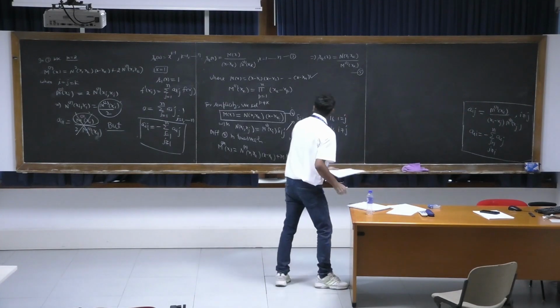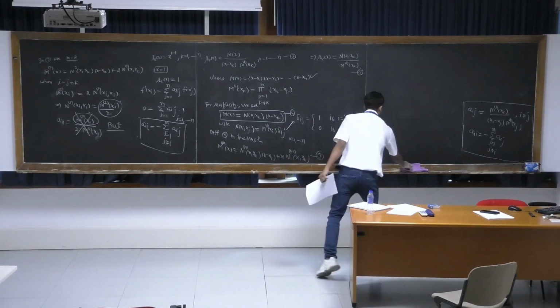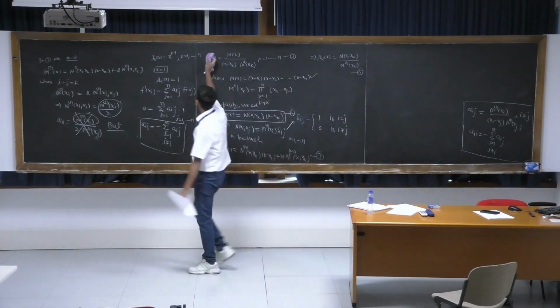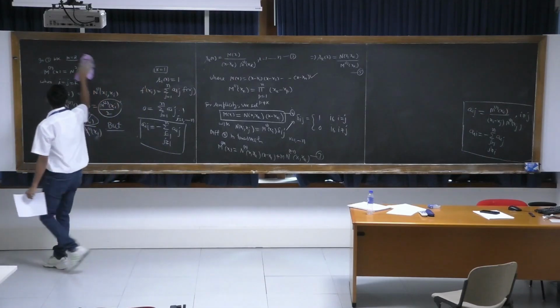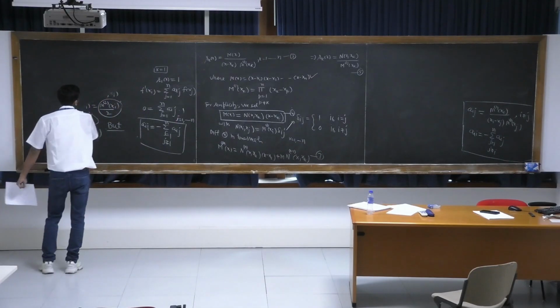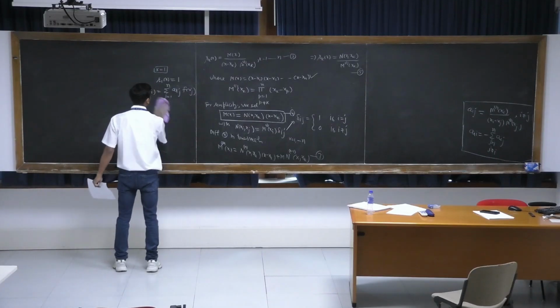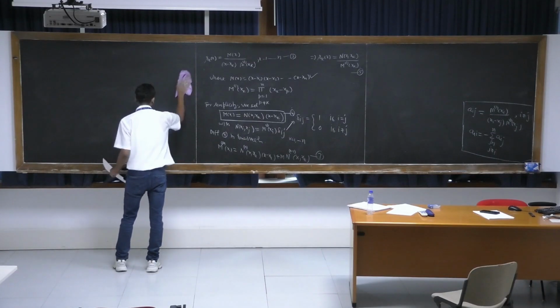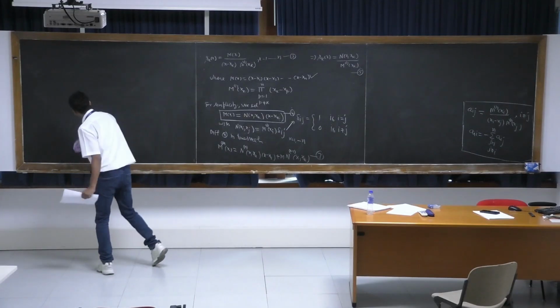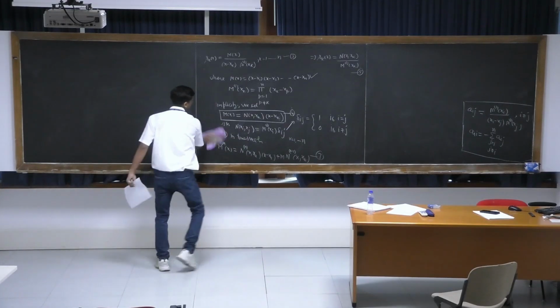Similarly, we can again approximate, because most of the problems are in second order ODE or second order PDE in space. So at least we have to find the weights up to second order.